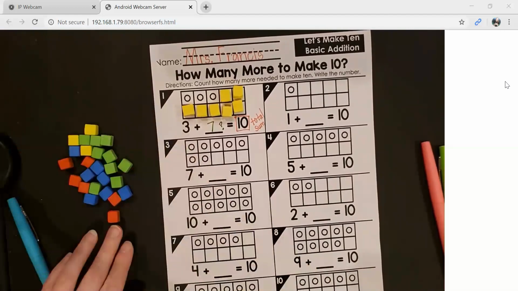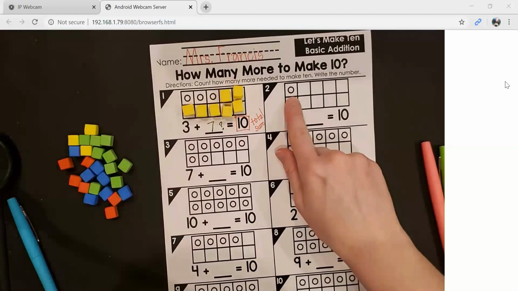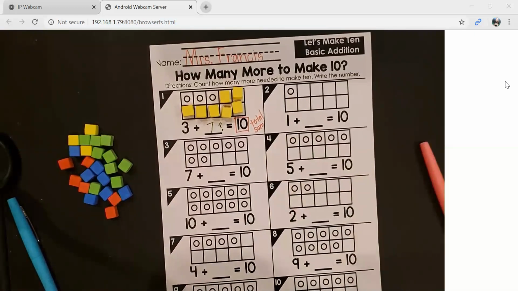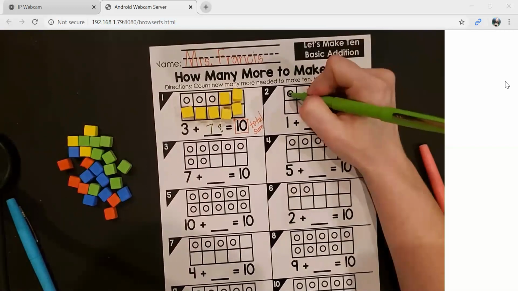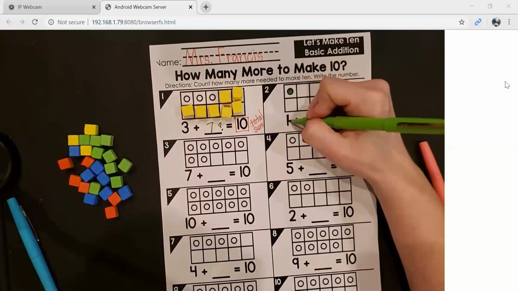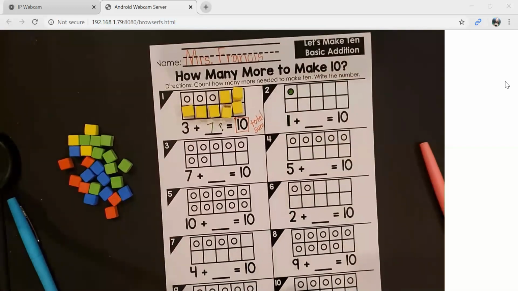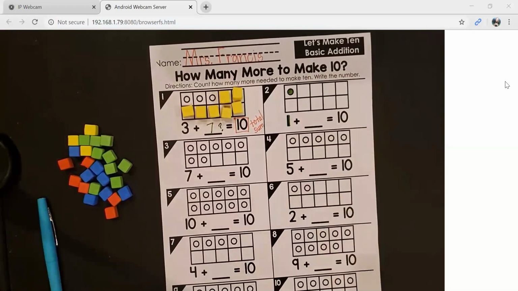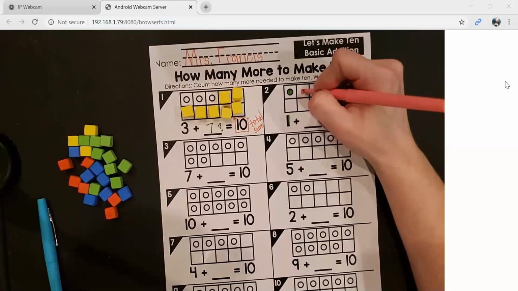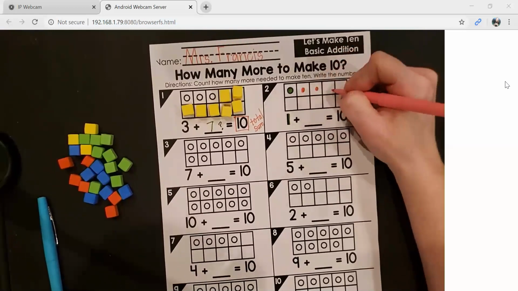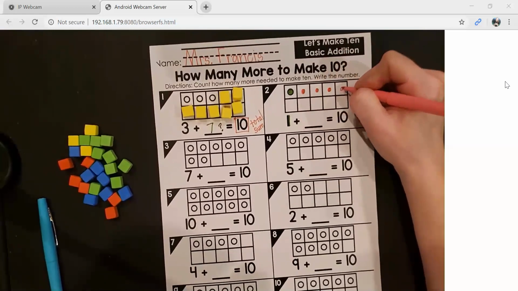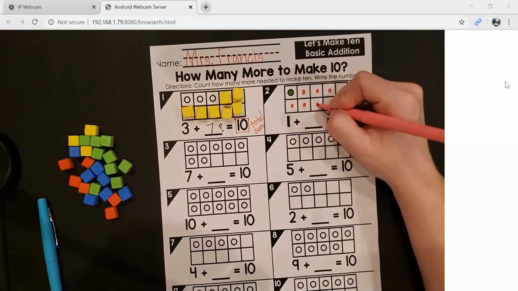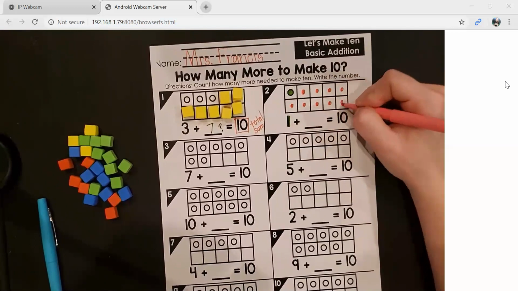Okay. All right, so Avery has 1. Oh, I'm going to use my pens up this time. That's right. Okay, Avery has 1. I'm going to actually color hers in green just to make it a little bit fun. So Avery has 1 green, and Addie has 1, 2, 3, 4, 5, 6, 7, 8, 9.